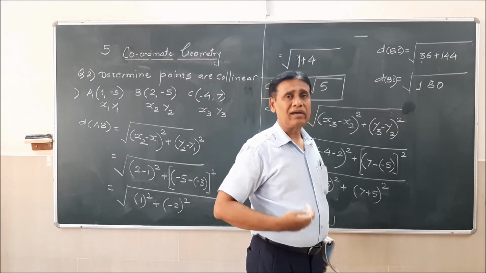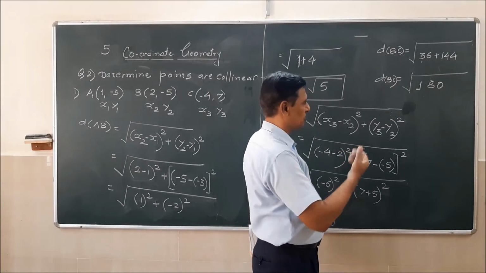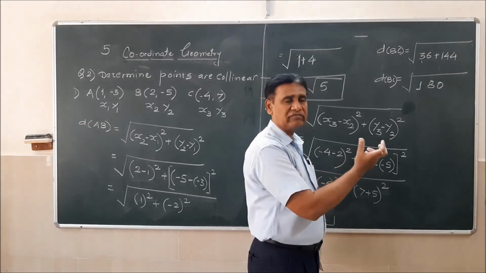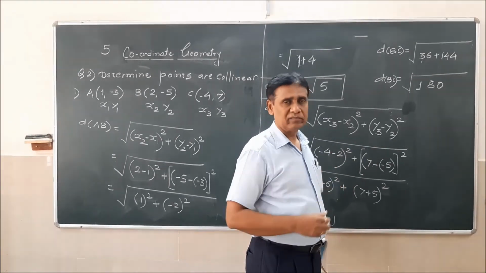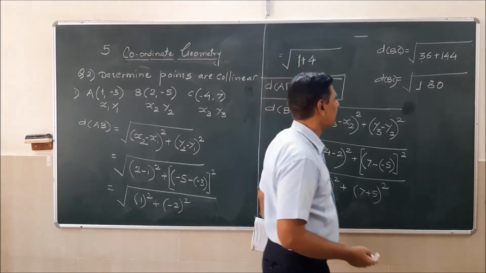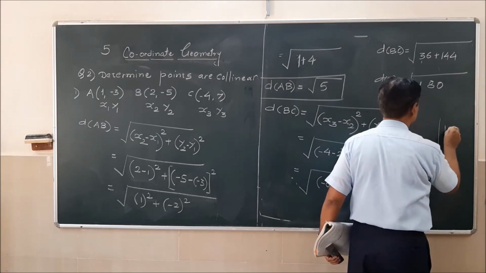Now I have to think: is it possible for me to split 180 as a product of two numbers, where one of them must be a perfect square? Let's find out the factors of 180.